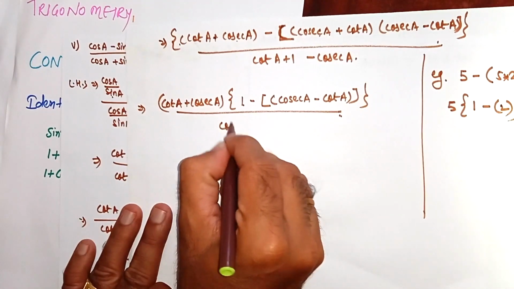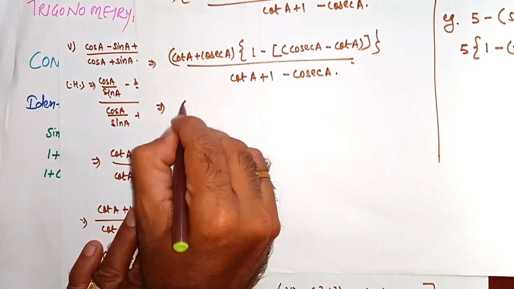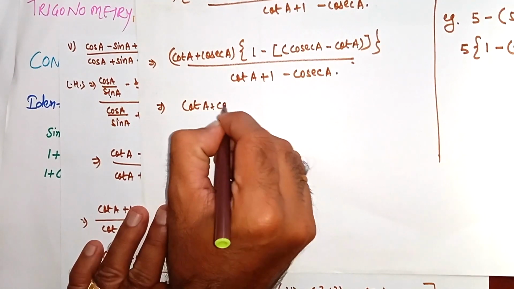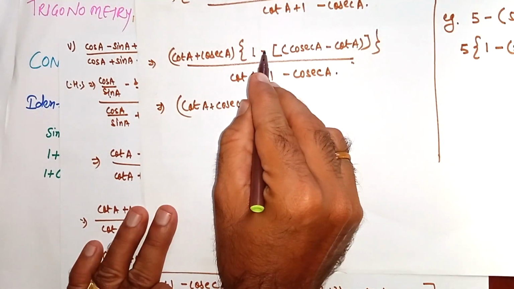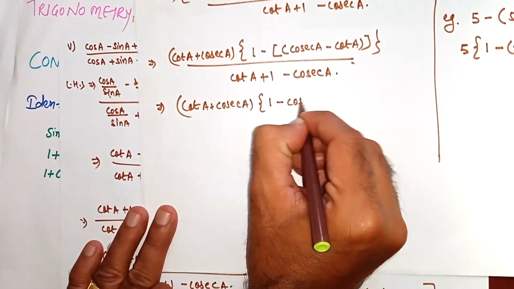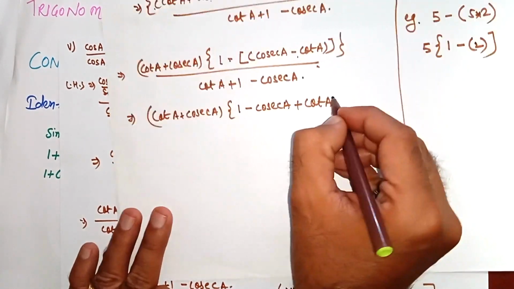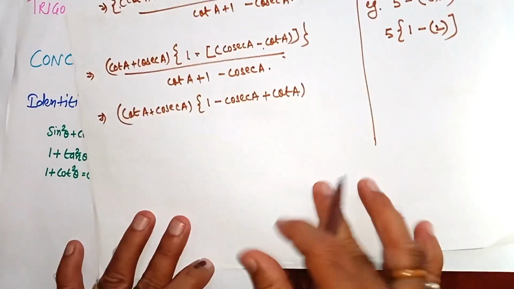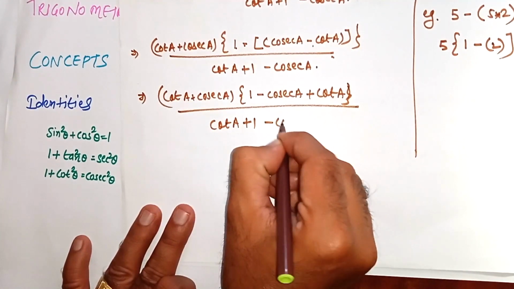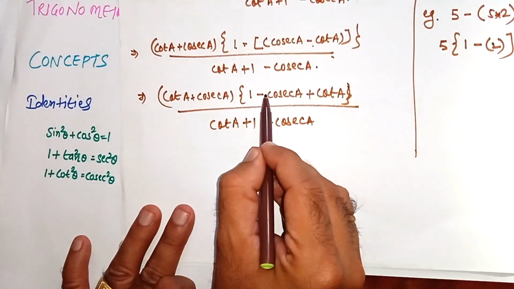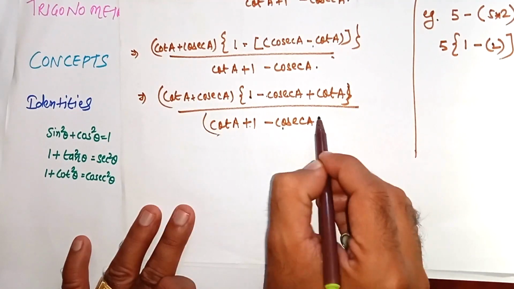Now putting cot A plus 1 minus cosec A same, solving this, getting cot A plus cosec A, and using this bracket, 1 multiplying with the negative sign, minus cosec A, minus minus plus cot A, whole upon cot A plus 1 minus cosec A. We'll compare this: negative cosec A, negative cosec A, the positive one, the positive one, the positive cot A, positive cot A. So these will cancel.